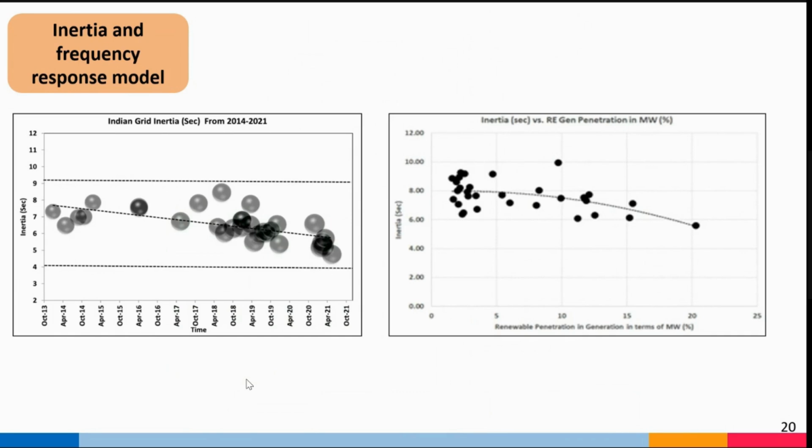From there you remove the noise and find a frequency plot which emulates your center of inertia frequency. When you have that, you can utilize it for calculation of the initial rate of change of frequency, the initial RoCoF.